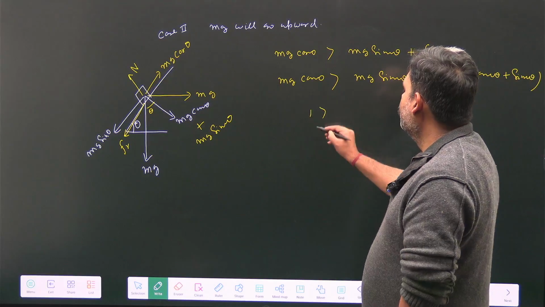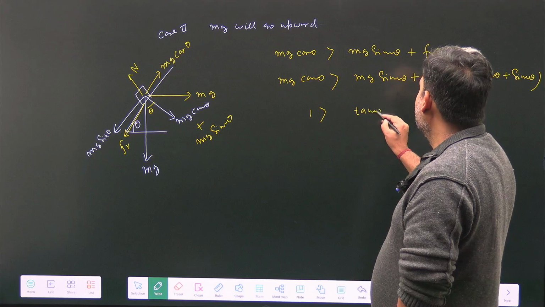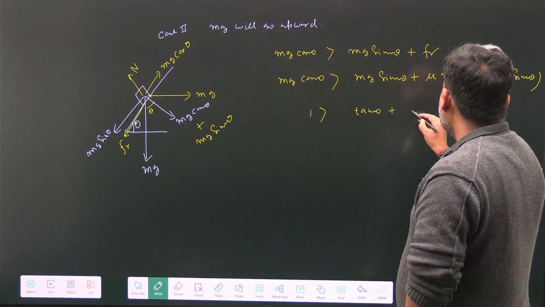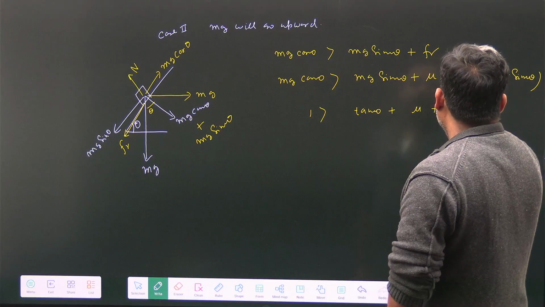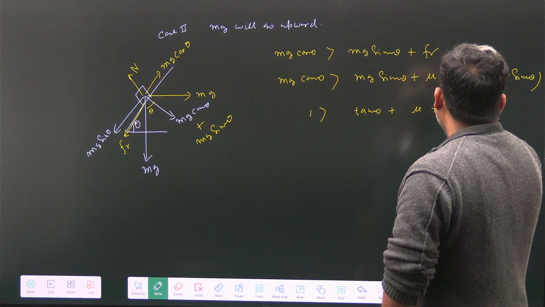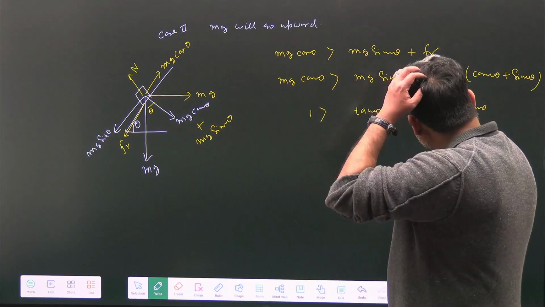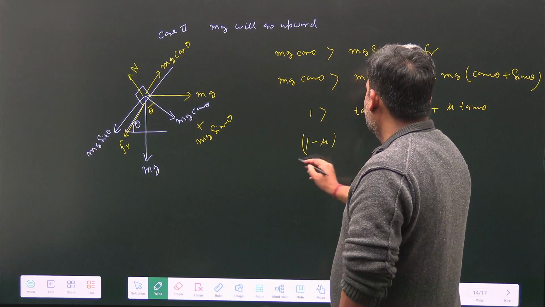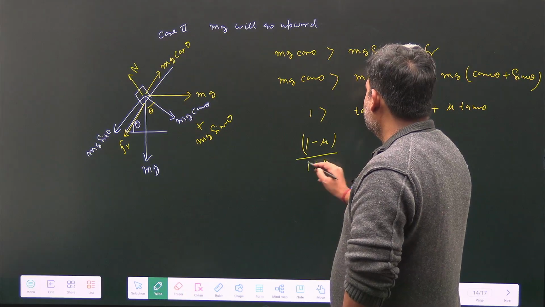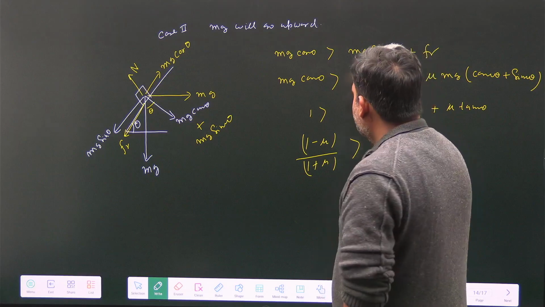So this will be 1 and that is equal to tan theta plus mu plus mu tan theta. You can take it to this side. So (1 minus mu) upon (1 plus mu) must be greater than tan theta.